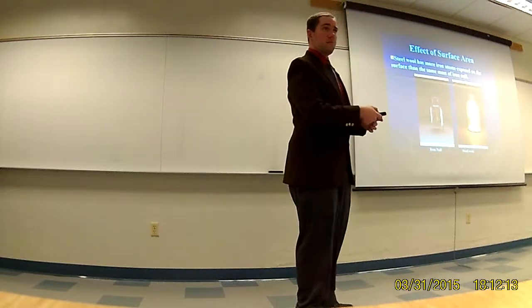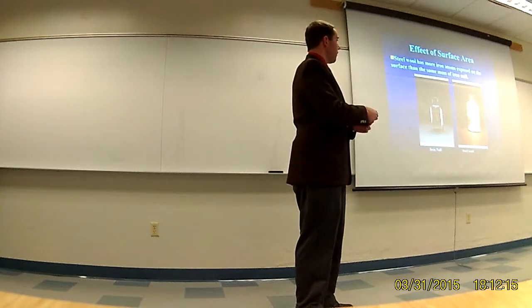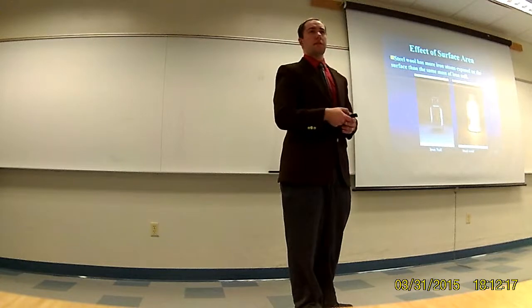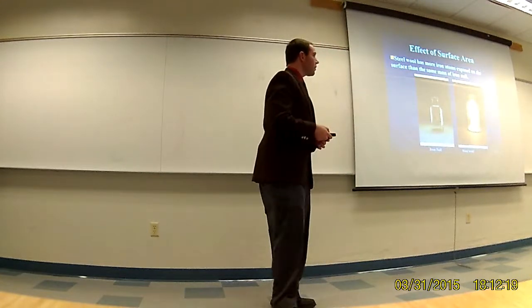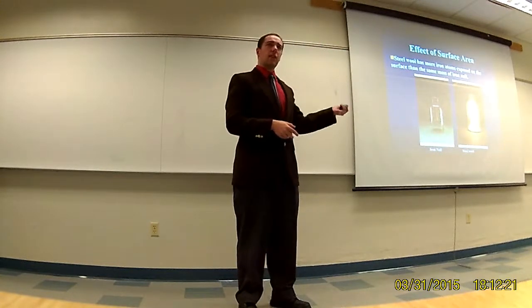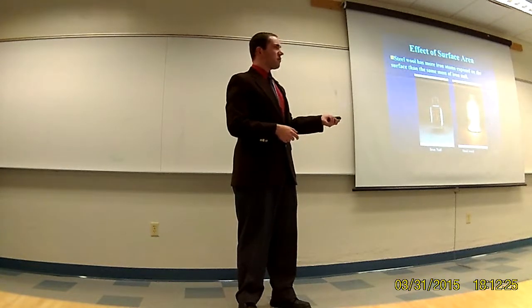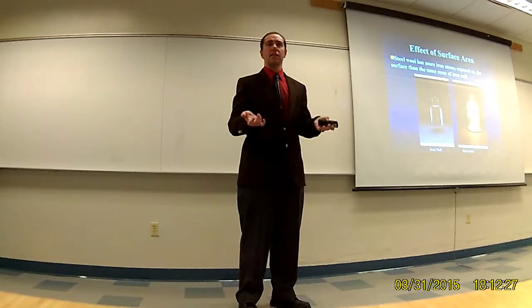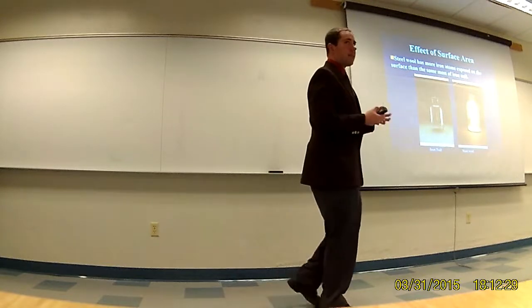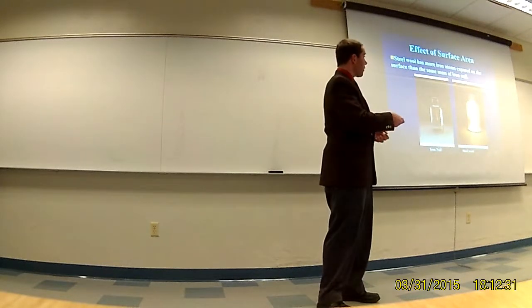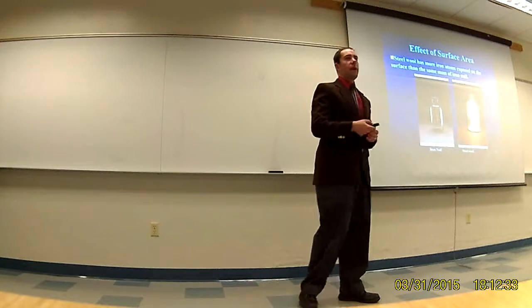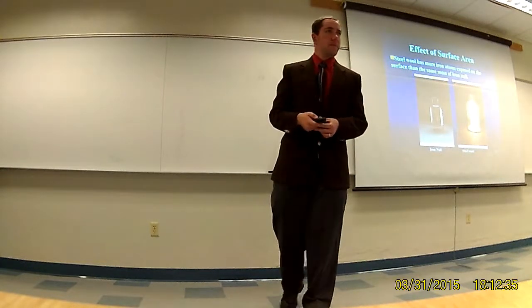They're both steel. The only difference is this one has a whole lot less surface area than that one. Turn on the electricity and look what happens. This one more or less just glows orange because it's hot, but it's not really reacting very fast. Whereas this one is reacting so fast that there's sparks flying everywhere.